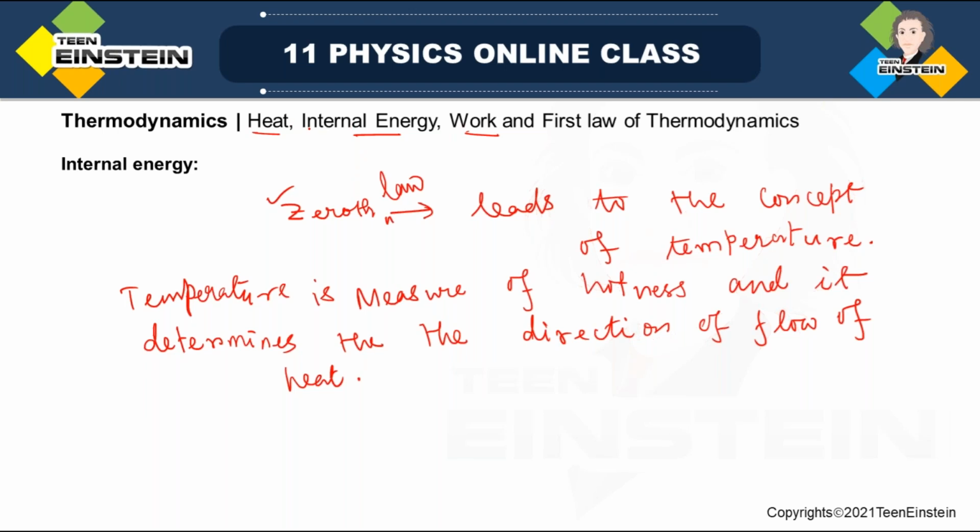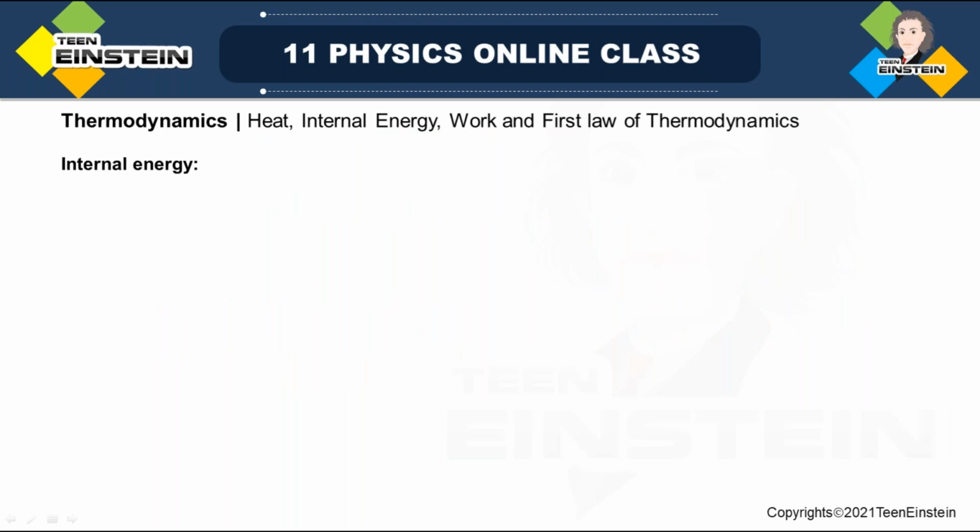How heat energy is different from kinetic energy, and work done is different from internal energy. Those things we'll learn in detail, along with the first law of thermodynamics. Okay. All right. So let us start with today's discussion.